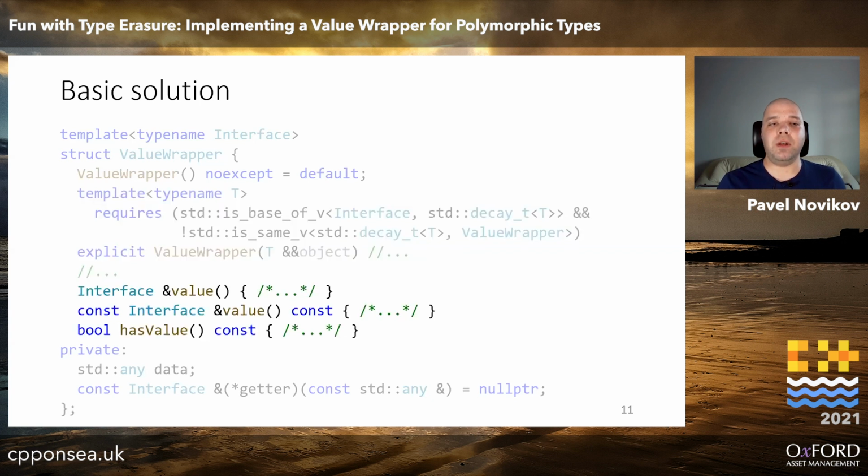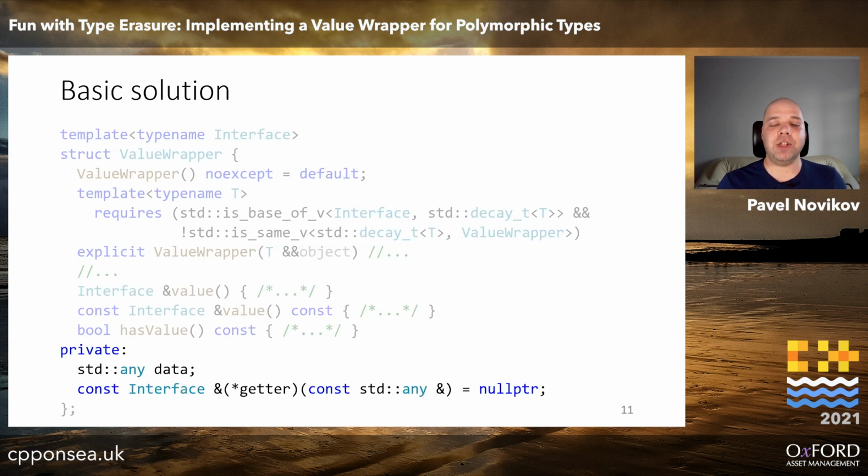Next, we have value access functions, value, and a function that tells us if this instance has a value. It's called has_value.